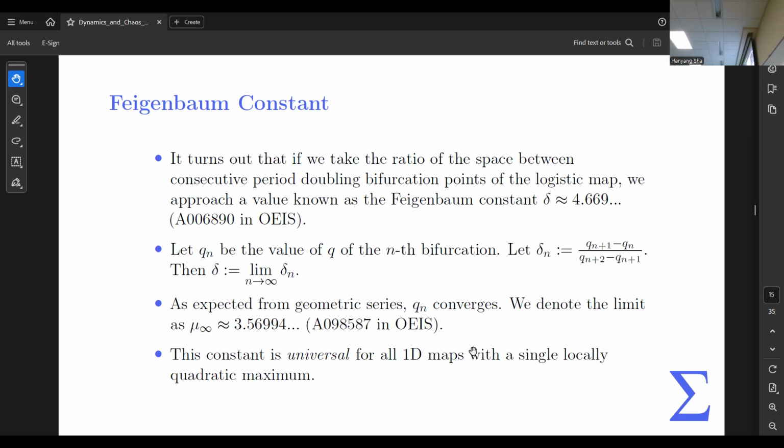Of course, the x-axis will be the value of the parameter mu, and the y-axis is the value of the periodic points. Quantitatively, you just look at the x-axis, and you see that as you increase it, you have many bifurcations.